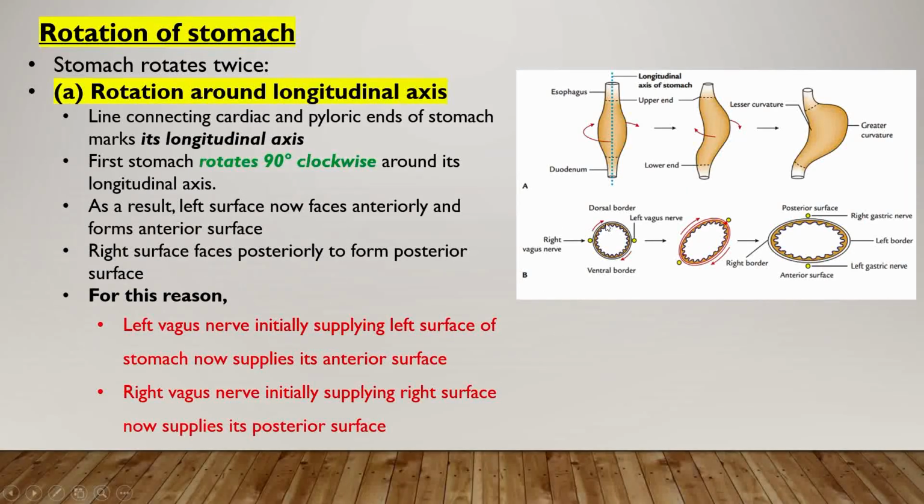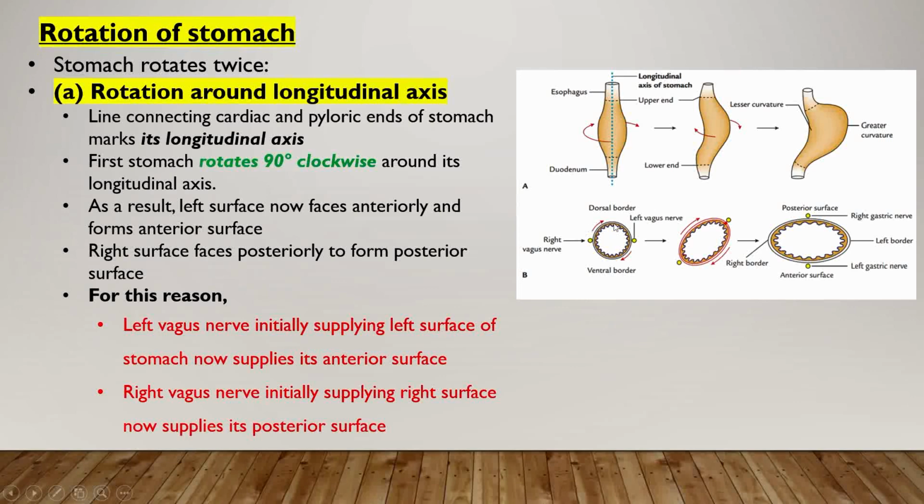Now you can see here the ventral border and dorsal border, and there is a right vagus nerve which is supplying the right surface and a left vagus nerve which is supplying the left surface. This is the situation before the rotation.